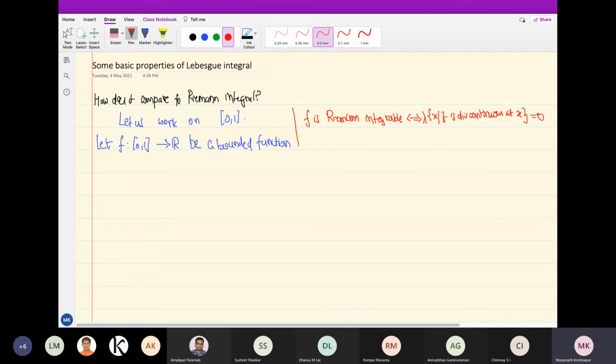The Lebesgue measure of that is 0. You see that in a basic real analysis class, or you should probably.